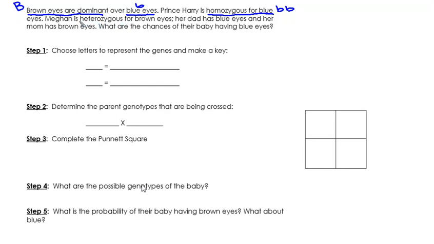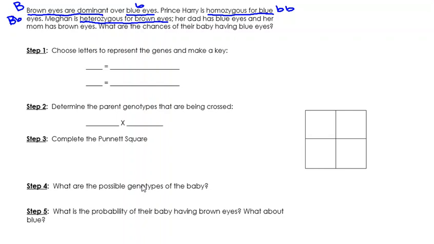So hetero means two different kinds. So she has, I'll write it on the side, a big B and a little b. So her genotype is heterozygous, one of each kind. Meghan is heterozygous for brown eyes because her dad had blue eyes and her mom has brown eyes.